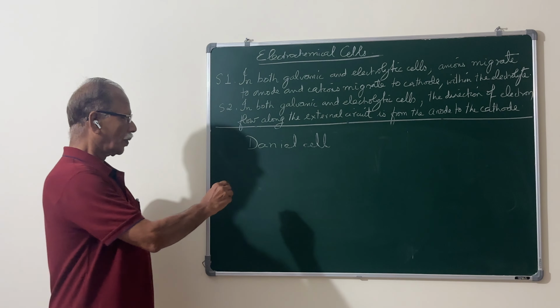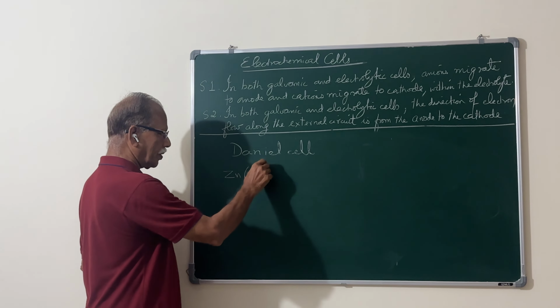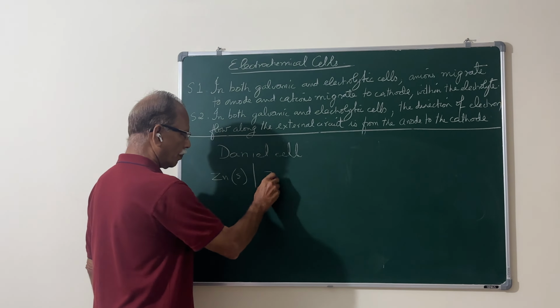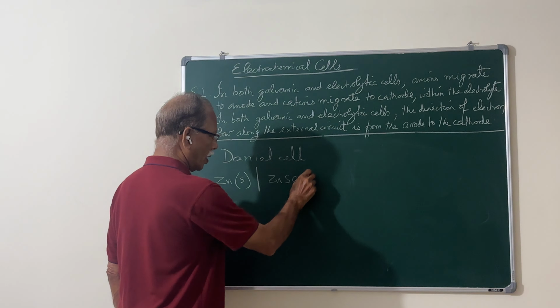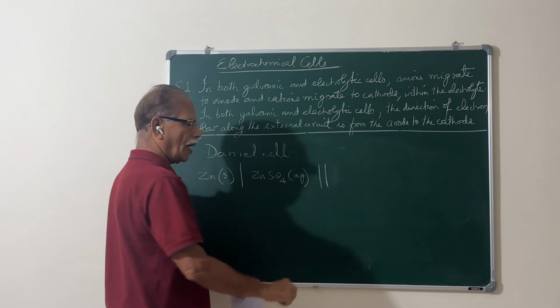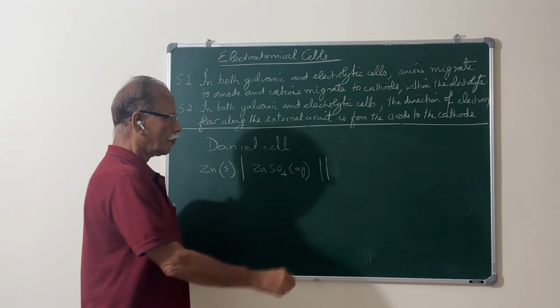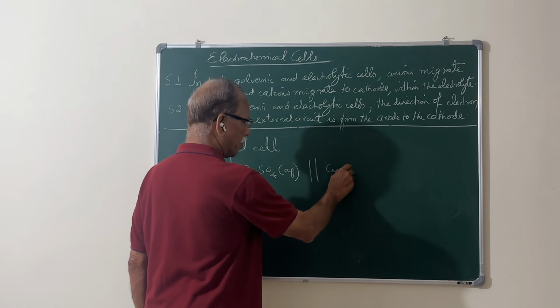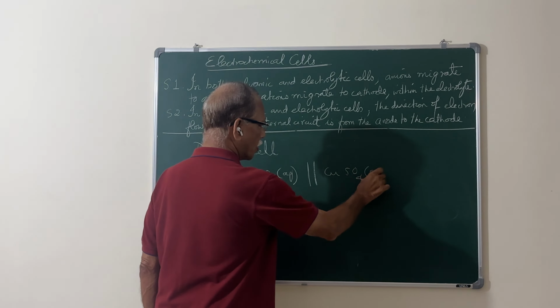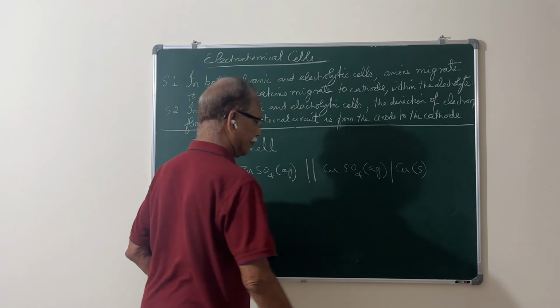Symbolically, it can be represented as zinc metal solid in contact with zinc sulfate solution aqueous. Double vertical line represents connection through a salt bridge. Copper sulfate aqueous in contact with copper metal solid.